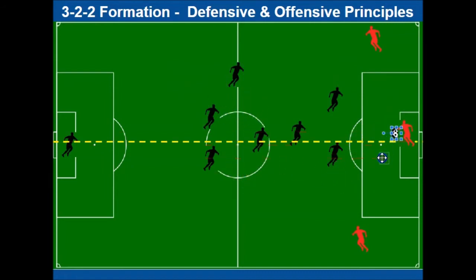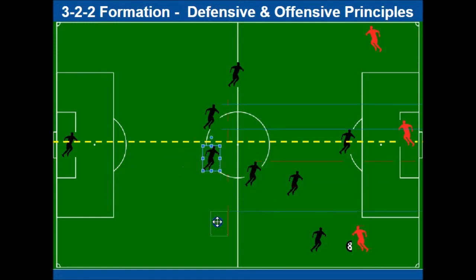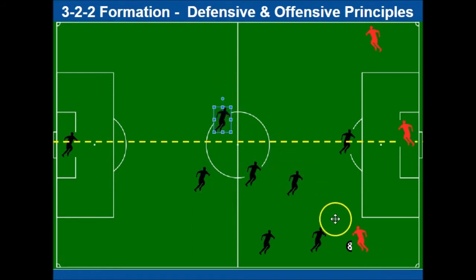Now, as that ball travels again, and we might be able to predict that they are going to switch the play, and if that's the case, these players have to get across and look to stifle, get across and support, and if possible, we're looking to funnel that play to our support, and that support is in the middle.